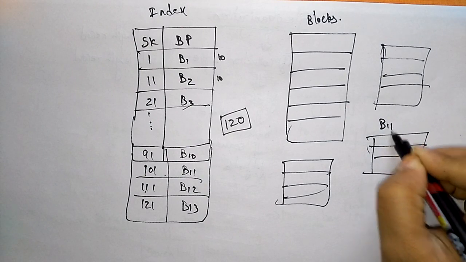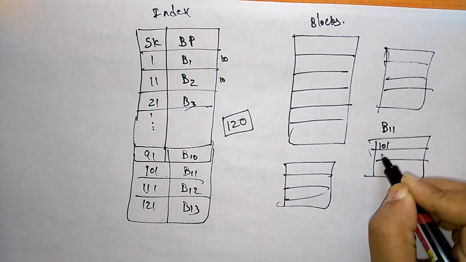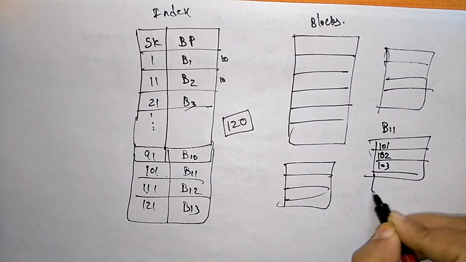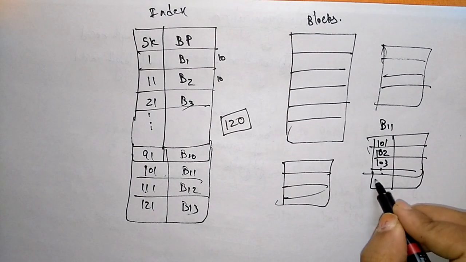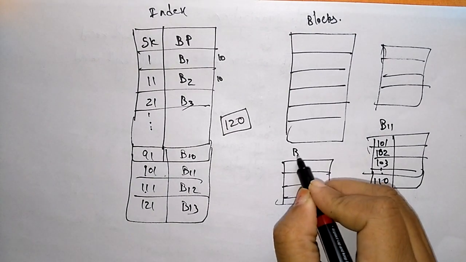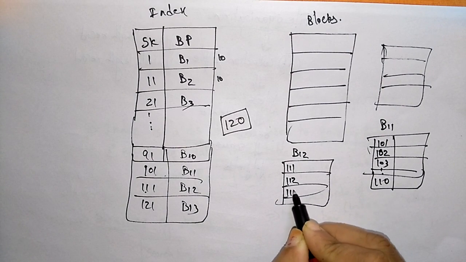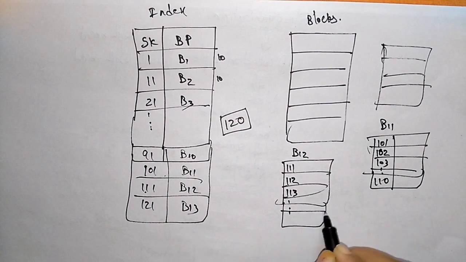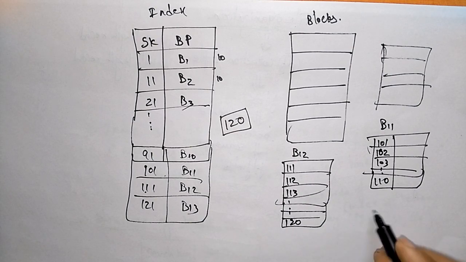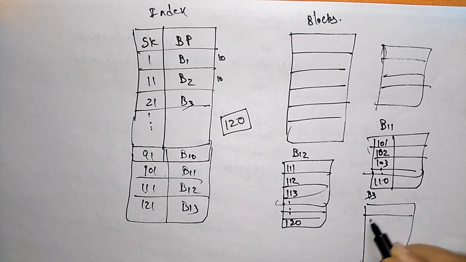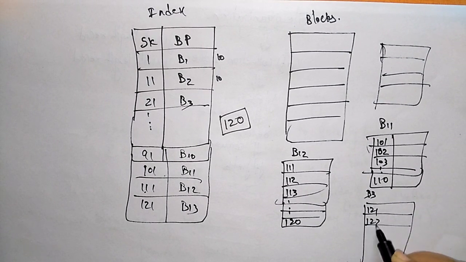Block 11 consists of 101, 102, 103 up to 110. Next, block 12 consists of 111, 112, 113 up to 120. And block 13 consists of 121, 122 up to 130.